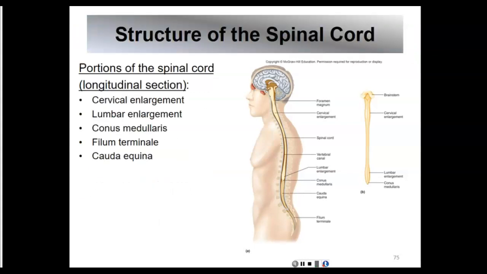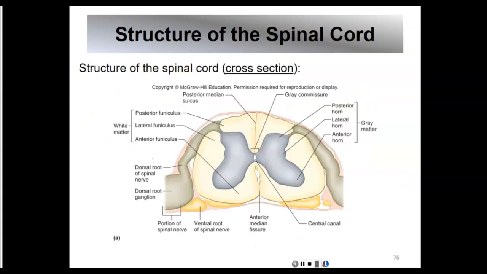Portions of the spinal cord are enlarged. The cervical area and lumbar both enlarge some. And then the conus medullaris is the end. Cauda equina is the very end where the lumbar bones are. And here is a cross section.